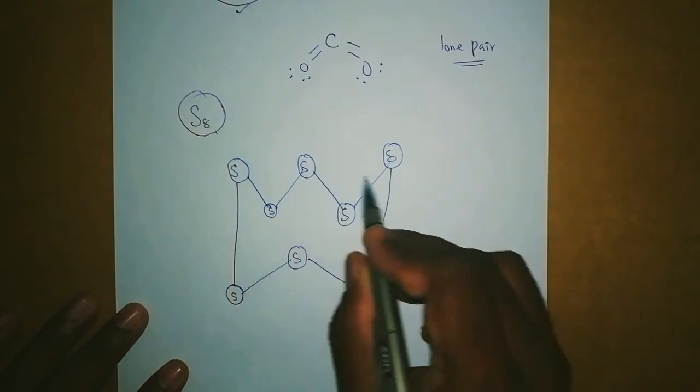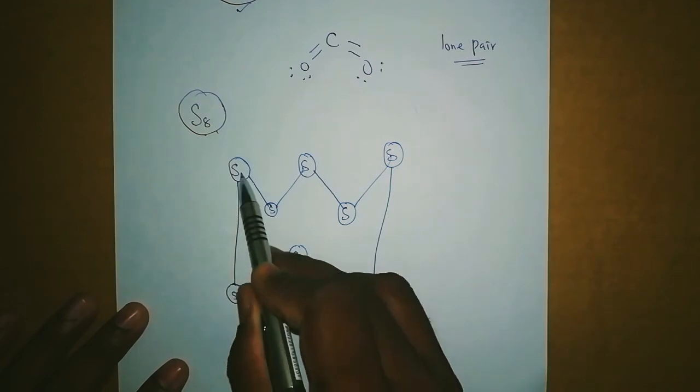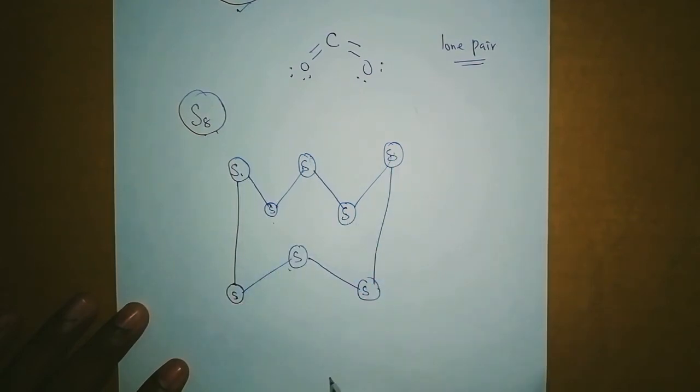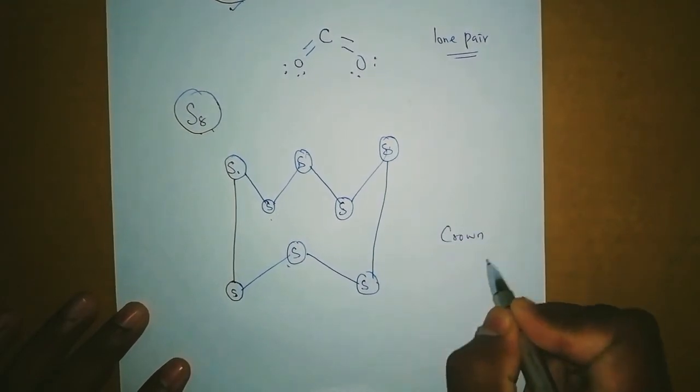So this is how the structure of sulfur looks. If you count all the sulfurs: 1, 2, 3, 4, 5, 6, 7, 8. In other words, it is said to be a crown structure.